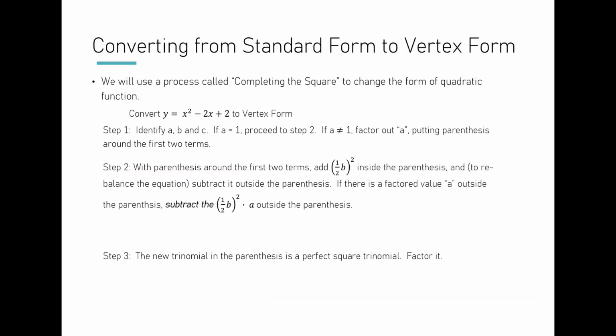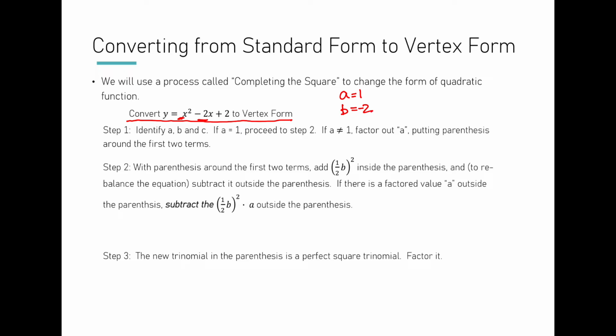But how do we go the other way? We're going to do that through a 2 or 3 step process. Some are a little bit easier than others, but here are our directions. We want to convert this function to vertex form. All right, so the first step is to identify a, b, and c. In this case, a would be the value in front of x squared. a is just a 1. b, the value in front of the x term, is negative 2.